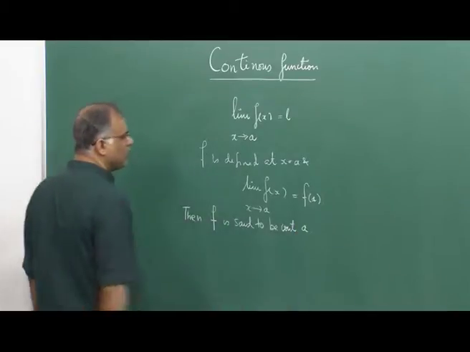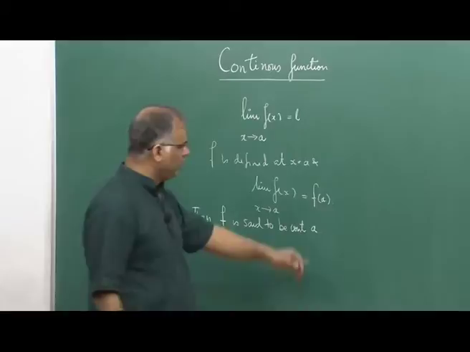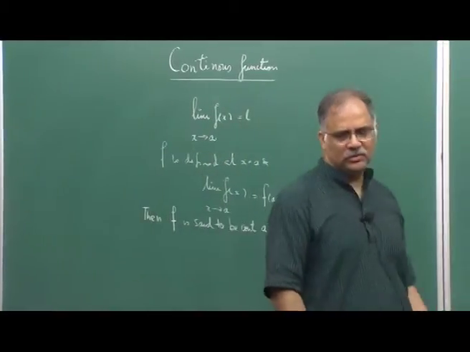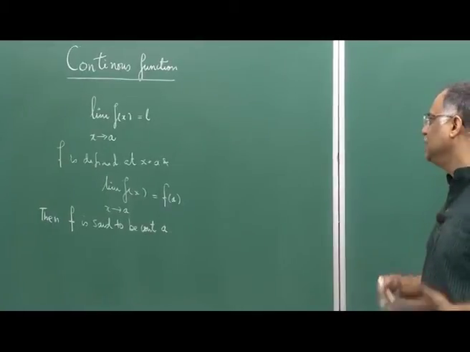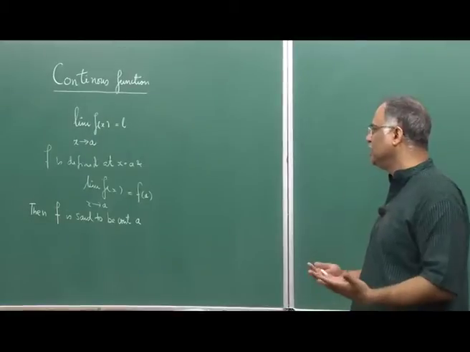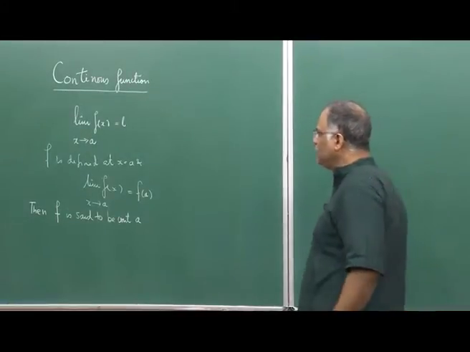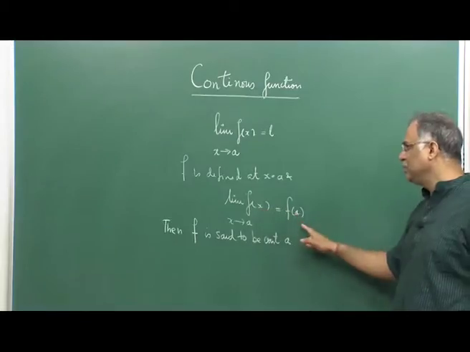Of course, if you want to say it is continuous over the whole real line or over the whole domain of definition of the function, the natural way to extend this idea is that we expect the function to be continuous at each and every point. Now, again you see that here we are talking about a limiting procedure.